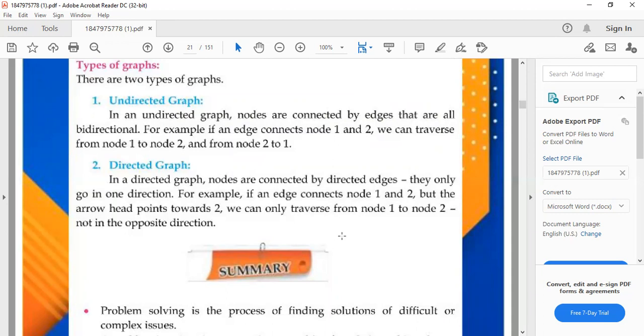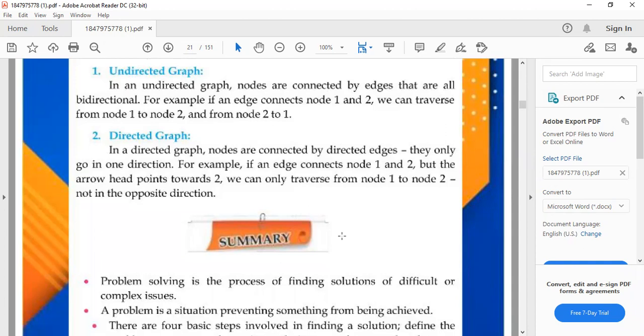Bidirectional means two way, you can go one way and the other way also. For example, if an edge connects node 1 and 2, we can traverse back and forth, meaning from node 1 to node 2 and from node 2 to node 1. As this is bidirectional, if one edge is connected with two nodes, you can go from one node to the other, or from the second one to the first. So bidirectional is two ways.